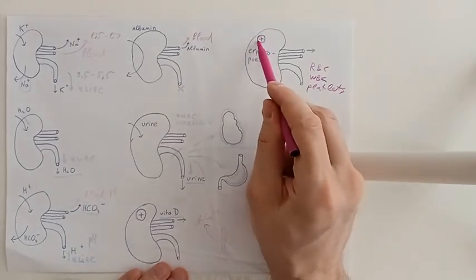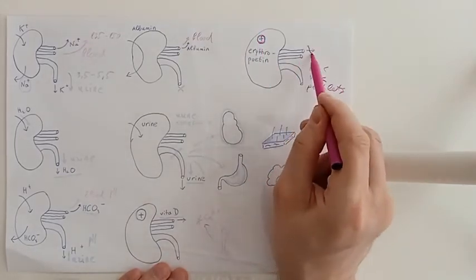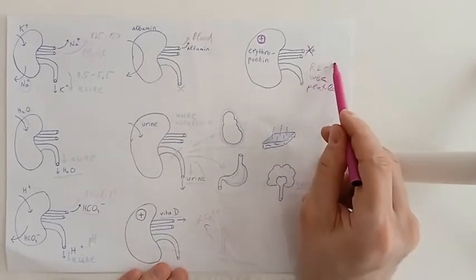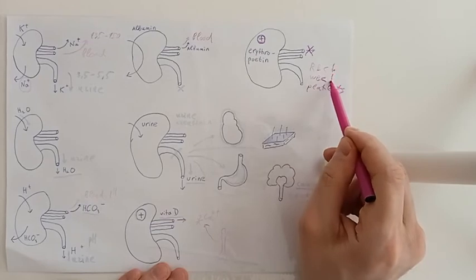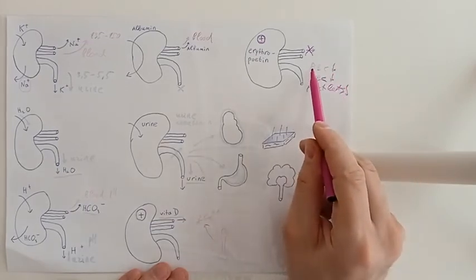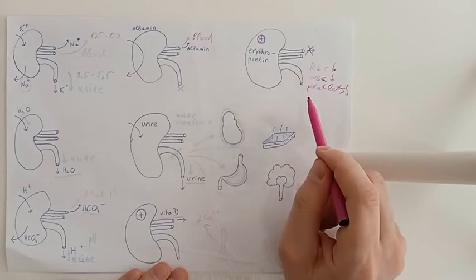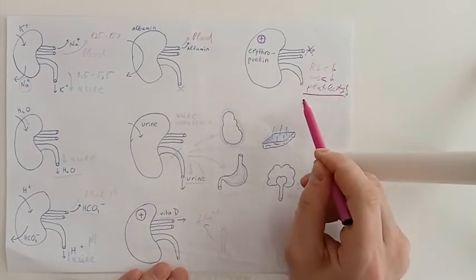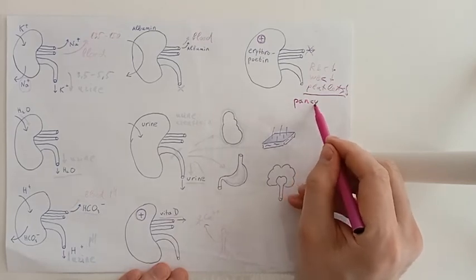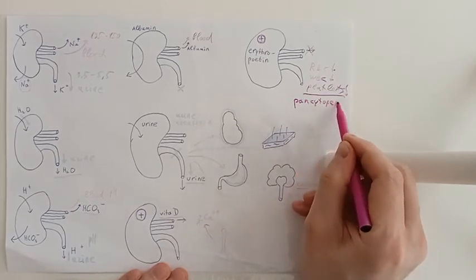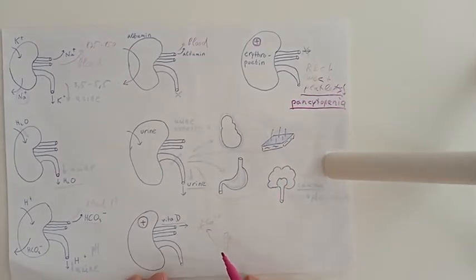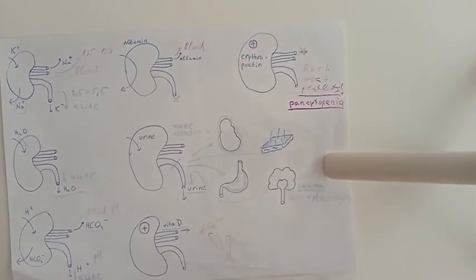If kidneys do not work, they do not create this substance, and it will lead to anemia. It will lead to degradation of red and white blood cells and platelets. It is called pancytopenia. That is all about the function.